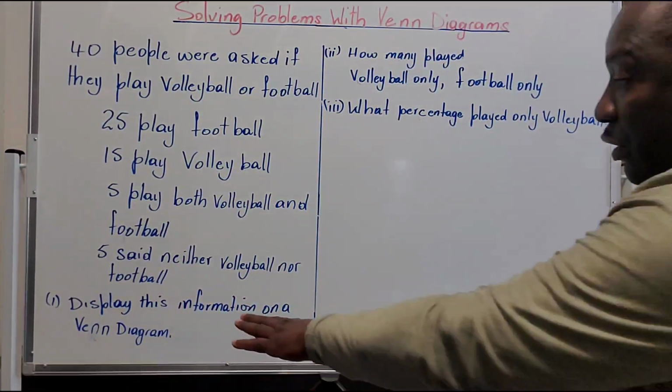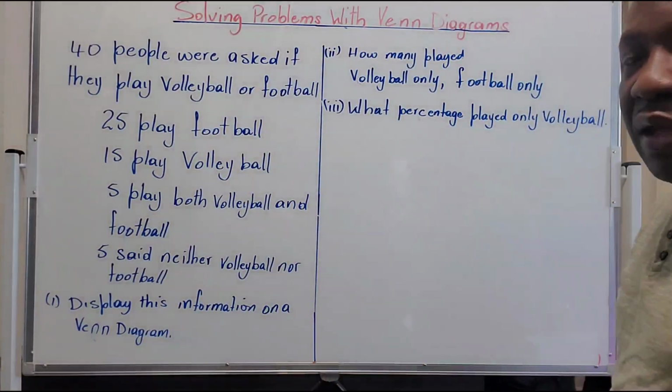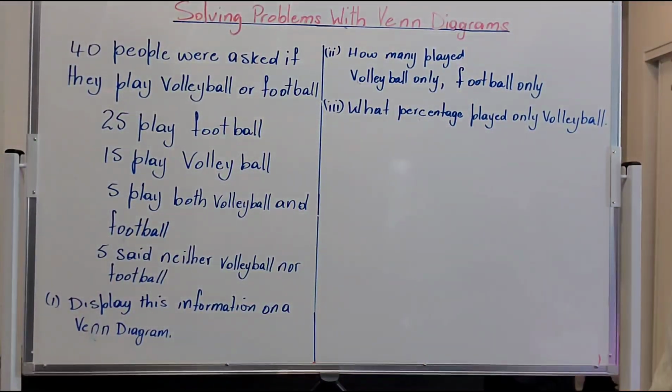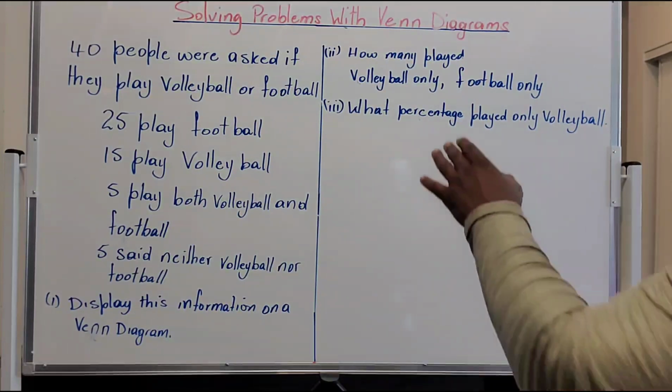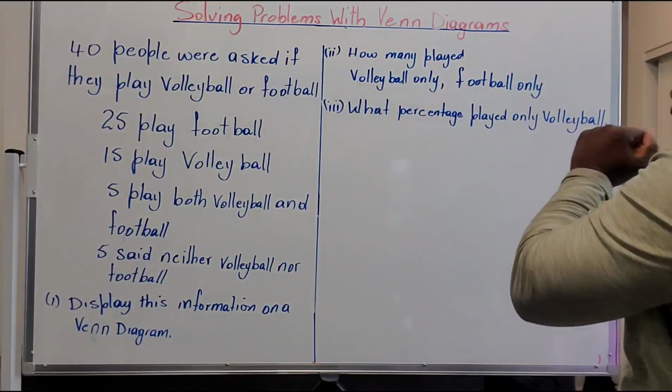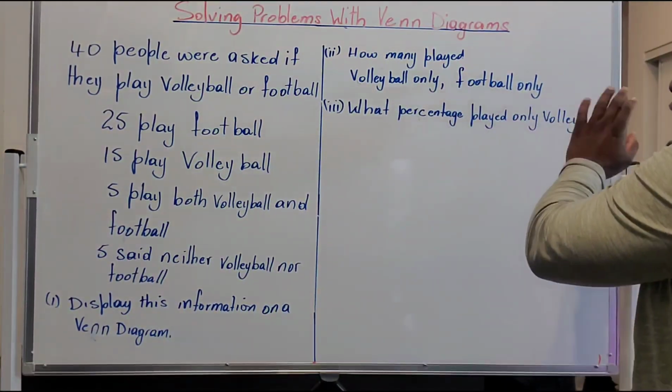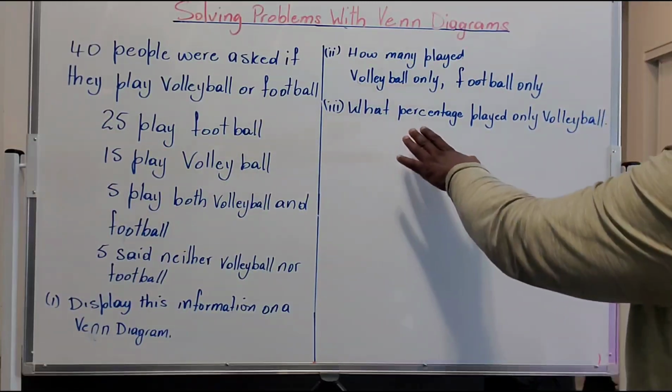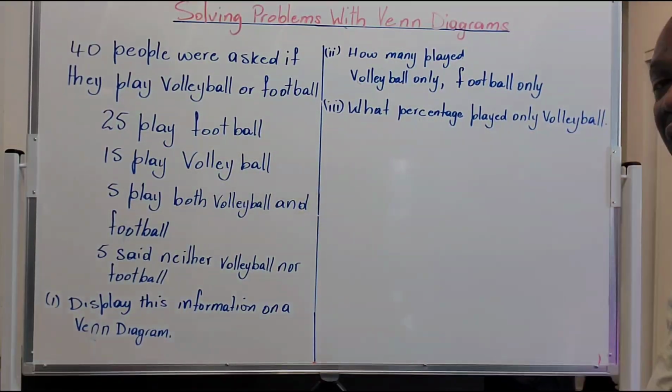We are asked here to display the information on a Venn diagram. It also asks how many played volleyball only, how many played just football, and what percentage played just volleyball.